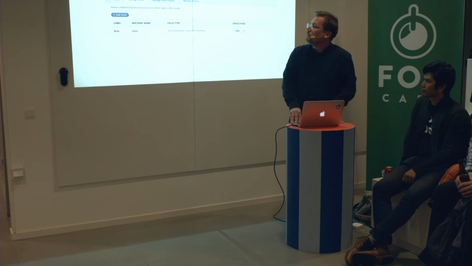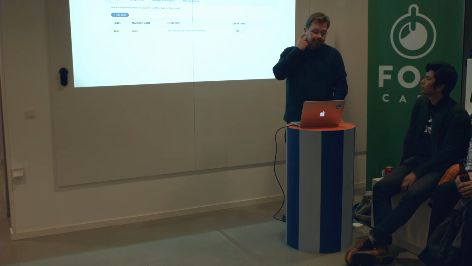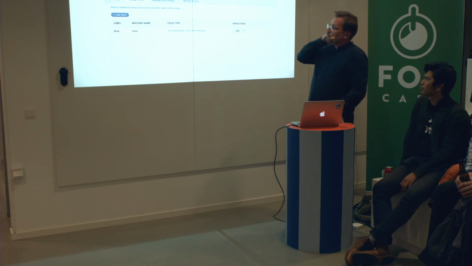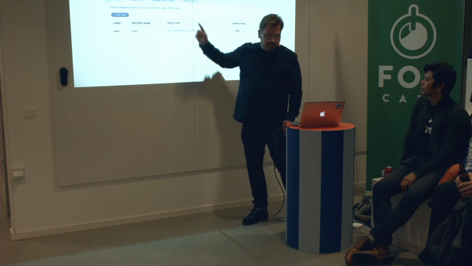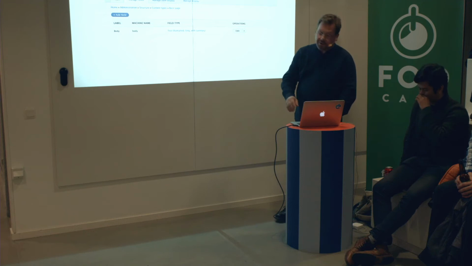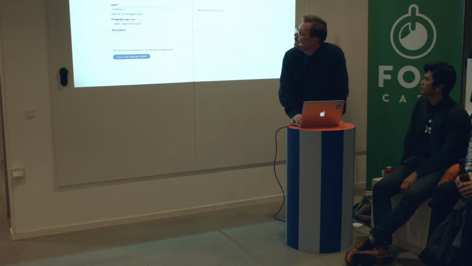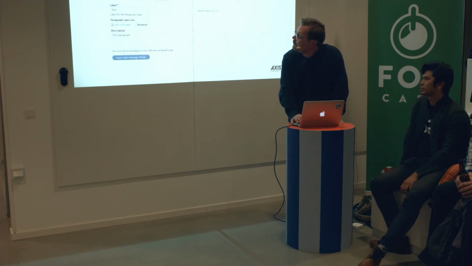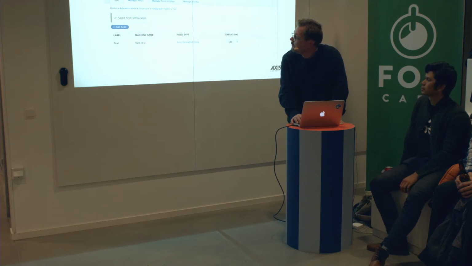So, we're now going to the basic page, and it looks more or less identical to paragraphs. You see the difference here, but it's easy to confound them on the configuration page. They look very similar.